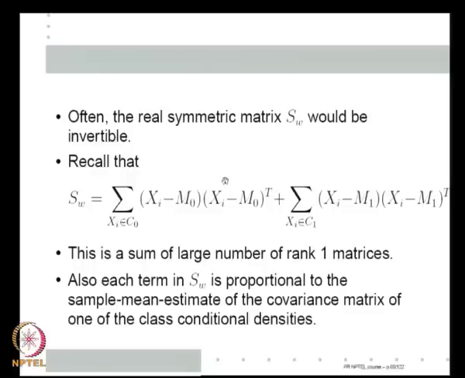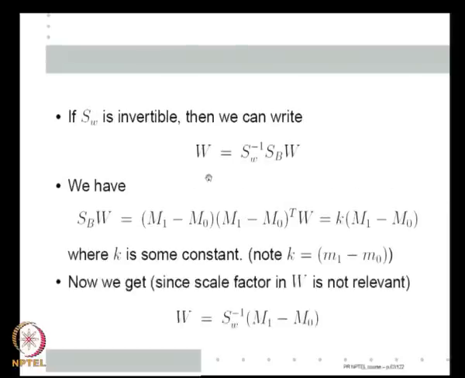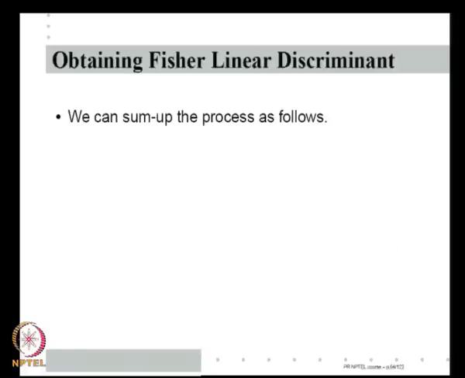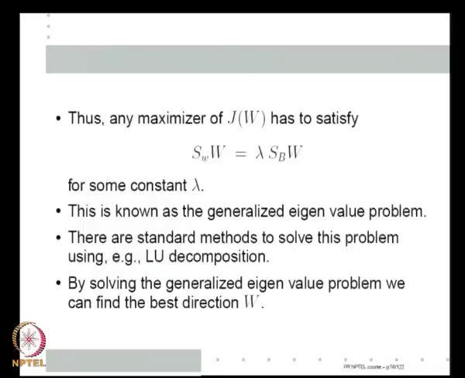Suppose SW is invertible, then it is much easier to solve. We have seen the W has to satisfy SW into W is equal to lambda SBW. So if this matrix is invertible, I can multiply by SW inverse.